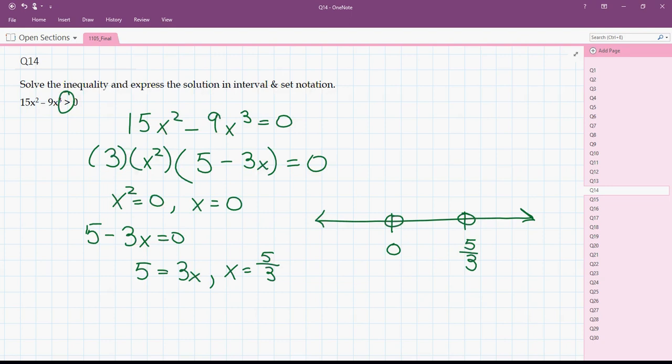So then what you wind up doing is testing points. So usually pick the smallest numbers you can. I'm going to pick -1, +1, and what would be easy? Not much, 3. So then if we plug back in either to our original equation or our factored equation, it doesn't really matter.